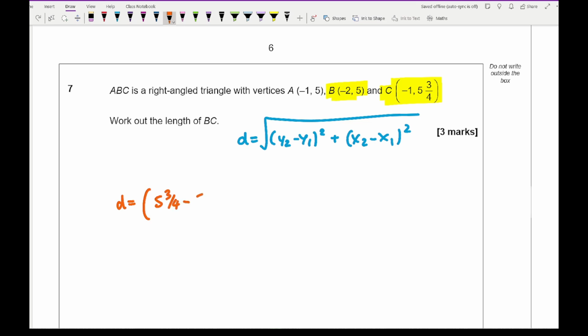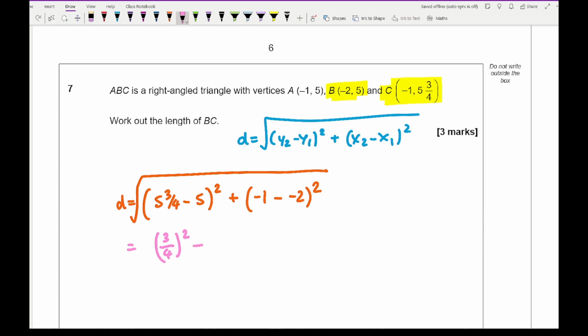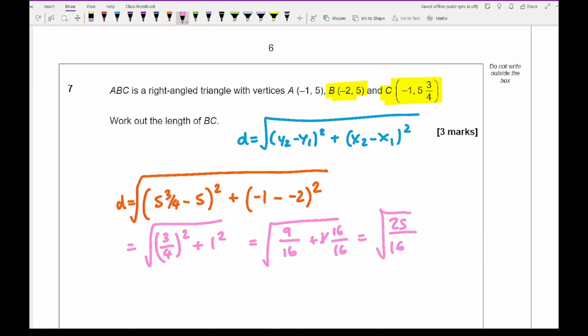3/4 minus 5 squared plus minus 1 minus 2 squared. And then substituting that all in and simplifying it, that's going to end up with 3/4 squared, and then minus 1 minus 2 is going to give me 1 squared, and that's all square rooted, and so that's going to give me 9 over 16 plus 1, and if I change that 1 for 16 over 16, that's then going to be 25 over 16, all square rooted.